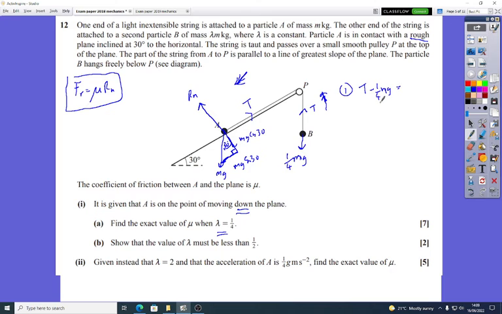Well, how's it mg? It's the mass, because the mass is lambda. That's lambda g, and it tells you in the question that lambda is a quarter. Right. So what will that equal then? Because remember, Newton's second law: force equals mass times acceleration. Is it the mass of the other one?